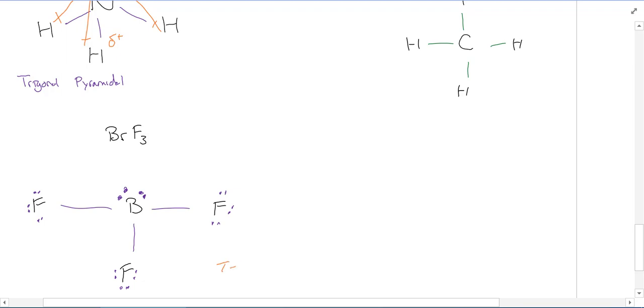This is T-shaped. So that means I have negative there, and those in orange are canceling each other out. However, in red here, that is not canceling each other out. So you have a polar molecule that direction.